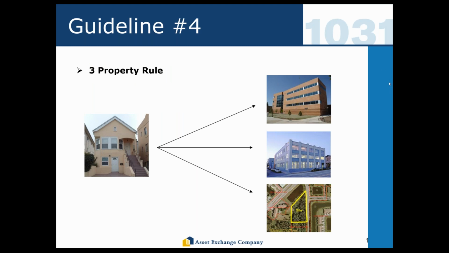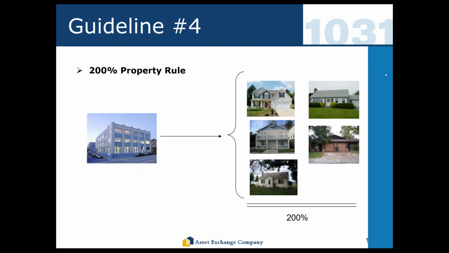Now, with the 200% rule, you can identify 4 properties or greater, up to as many properties as you would like, so long as their combined value doesn't exceed 200% of the value of the property you're selling. So let's say that you sell an office building and you want to identify 5 single-family residences to exchange into and rent out.